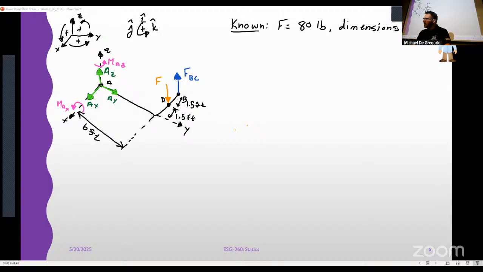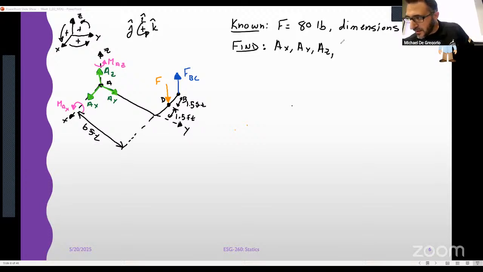Lucky us, that comes out to 6 equations, 6 unknowns. So what are we trying to find? I'm going to say that we're looking for AX, AY, AZ, the moment about A at Z, the moment about A in the X direction, and FBC.